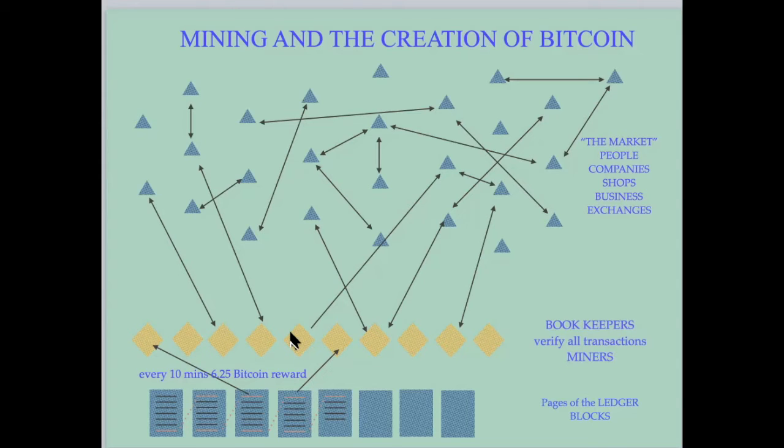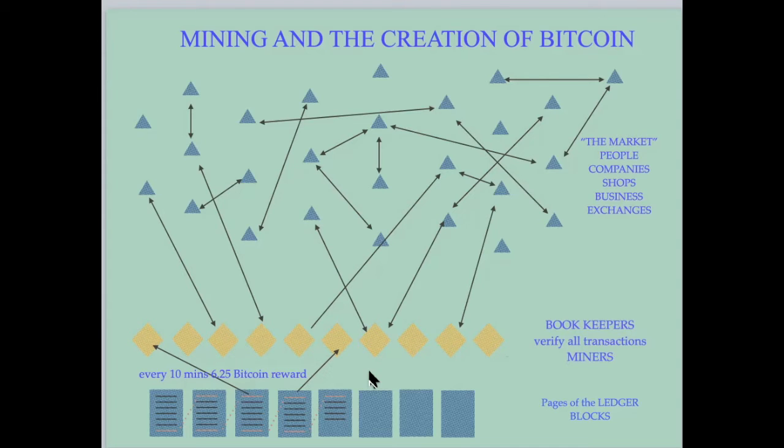The second thing that happens, whichever one of these solved the problem, they broadcast to the network, they all agree, yes, you got the problem, well done. You receive 6.25 Bitcoin as a reward. Now, there is other money in transaction fees, but we won't go into that.